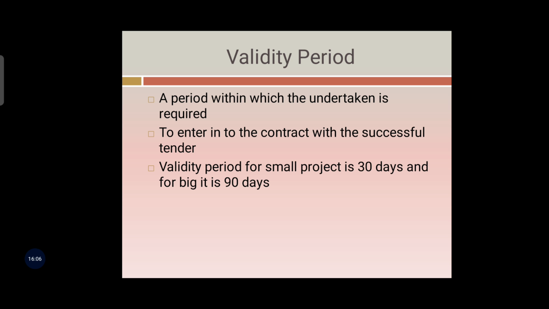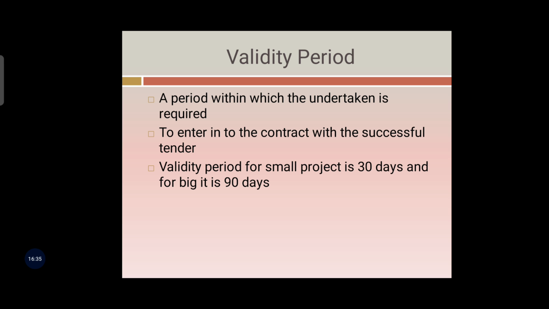Okay, so validity period for small projects is 30 days and for big projects is 90 days. During the validity period, if a contractor to whom the tender is allotted wishes to withdraw the proposal, then his earnest money is forfeited. Okay, so this is your validity period.